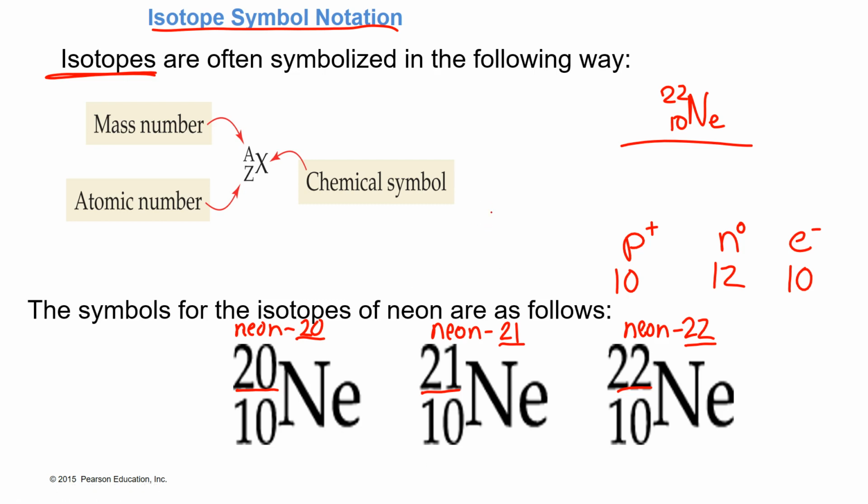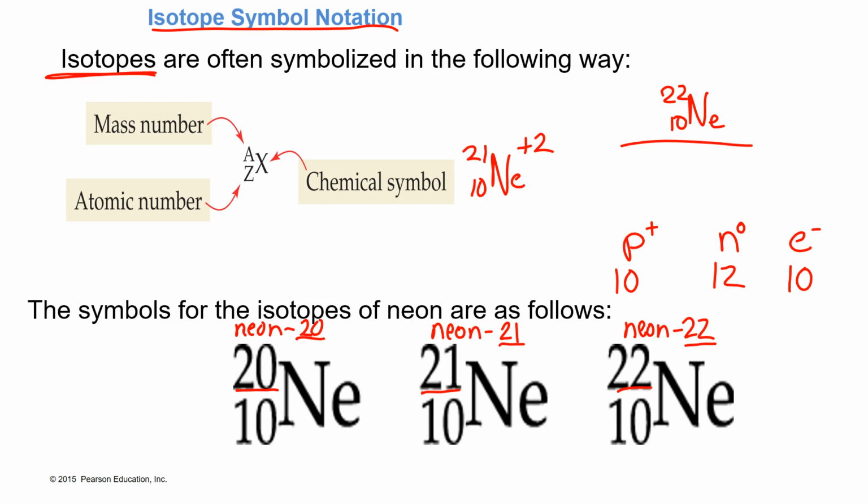All right, so let's look at this one this time. This is probably not a real thing. You typically won't see a noble gas like neon being an ion, but let's just pretend for a minute that I have neon 21 with a +2 charge.